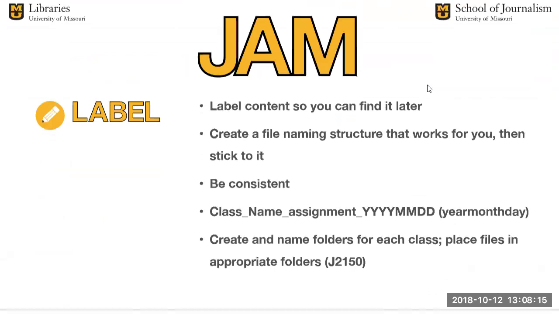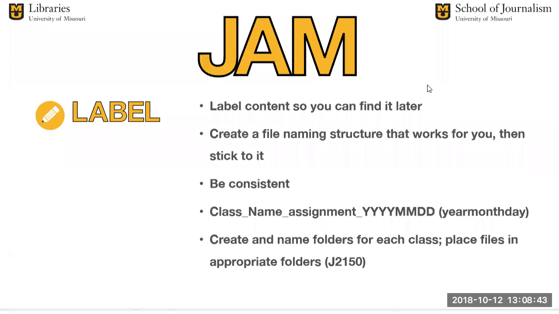As I said before, label content as a note to your future self. Be consistent about how you name things, even if you need to change it later. If you're consistent, then you can go back and make those changes more easily than if you are sometimes putting the date first and sometimes putting the date last, and sometimes doing the date as day, month, year, and sometimes doing it year, month, day.